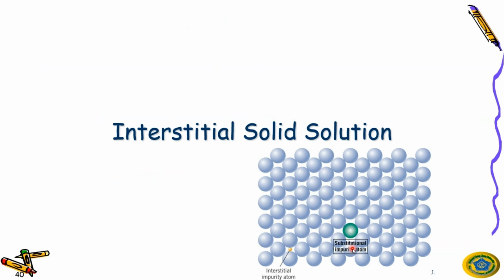Right. So the second type of solid solution is called interstitial solid solution.